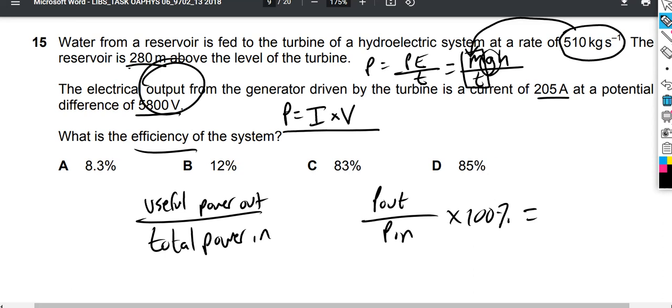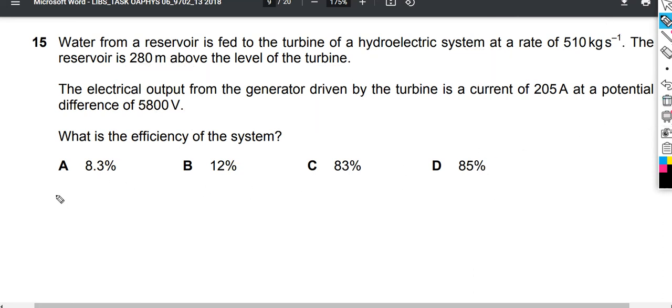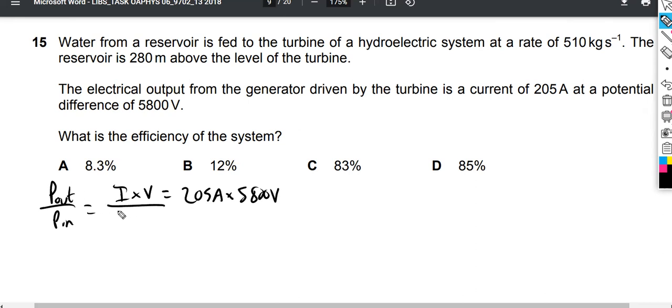So let's clean that all up. Efficiency, P out over P in times 100%. The power out is going to be the product of the current times the voltage. So 205 amps times 5,800 volts, numerator's taken care of. The denominator is going to be the power in. We said that's going to be the mgh over t, and conveniently m over t is given.